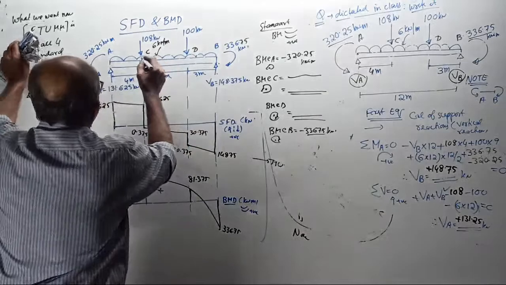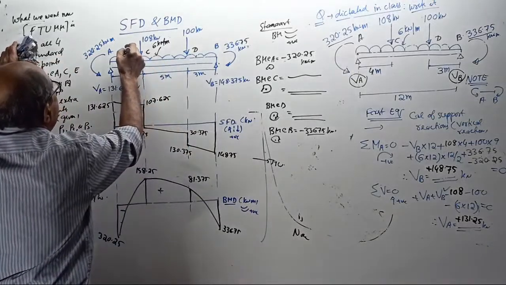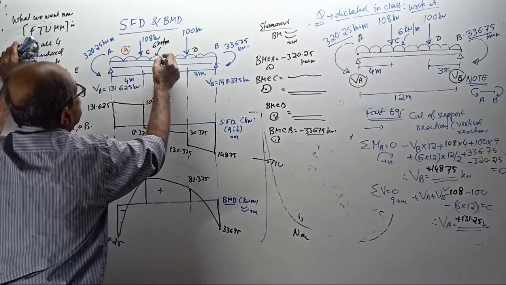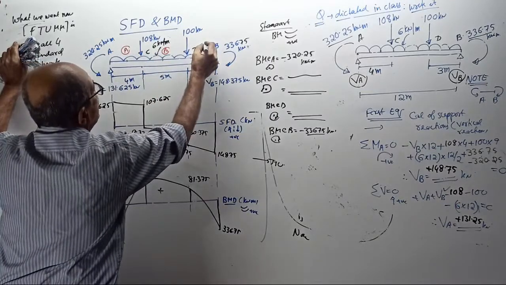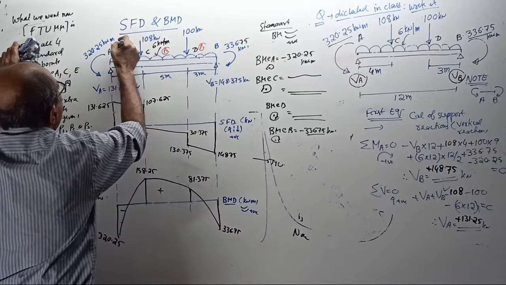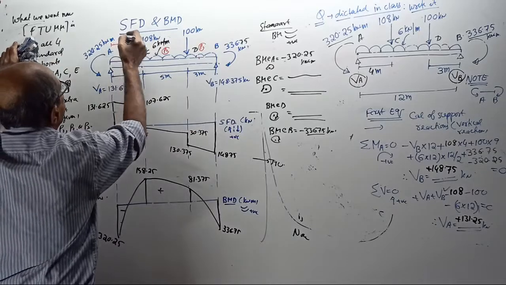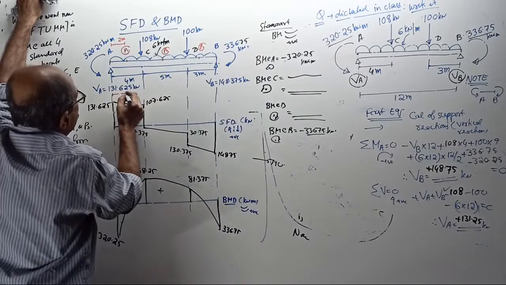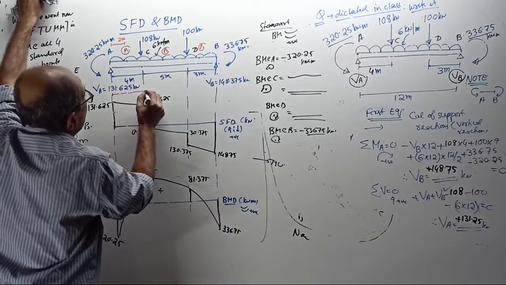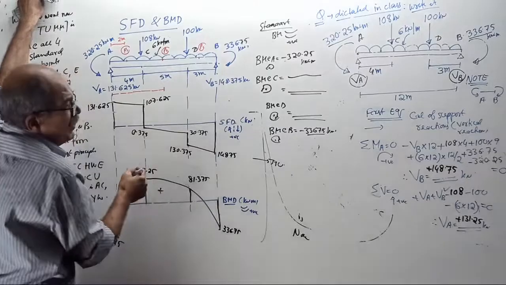There is a point here called P1, a point called P2, and a point called P3. As per the question, P3 is at 2 meter. How much distance did I tell? I forgot.